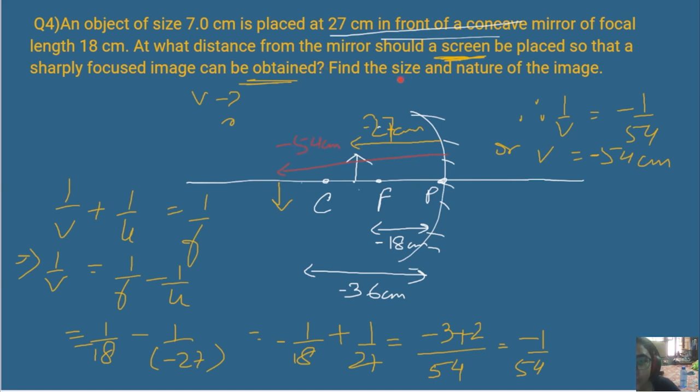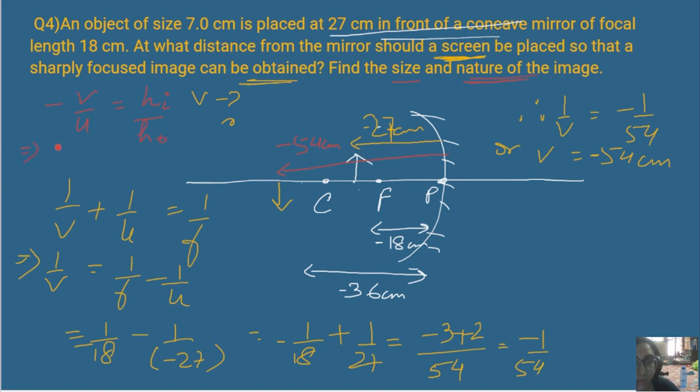Now we can find the size and the nature of the image, right? So what is the size? We know that minus v by u equals h, or height of image by height of object, right?